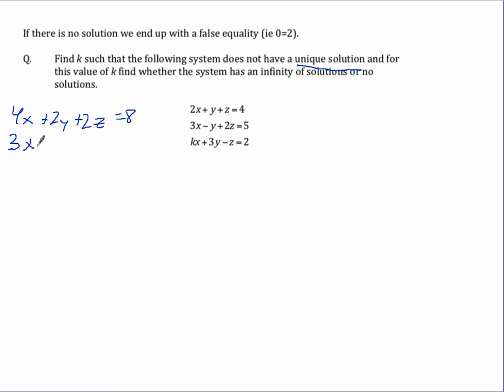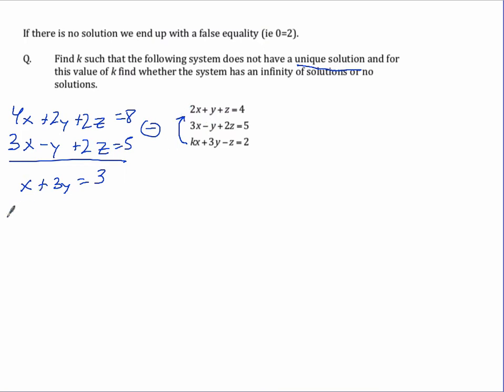Now your second one is 3x minus y plus 2z equals 5. And now the z's are matching up, so we can subtract and get x plus 3y equals 3. Okay. So we've got that, and now we need to cancel the z's with this last one.